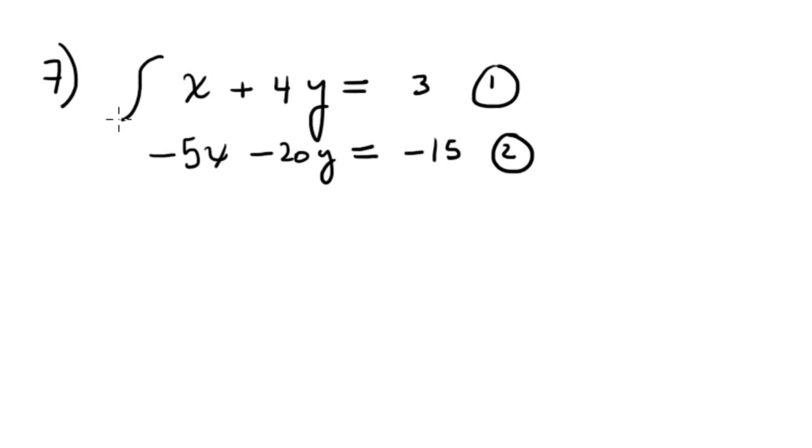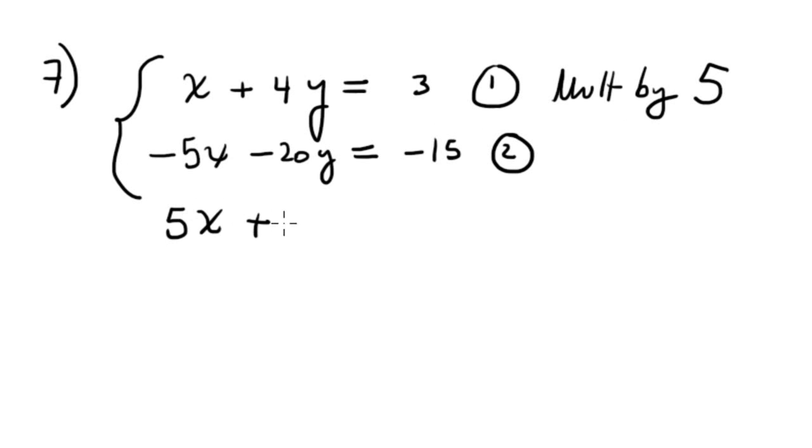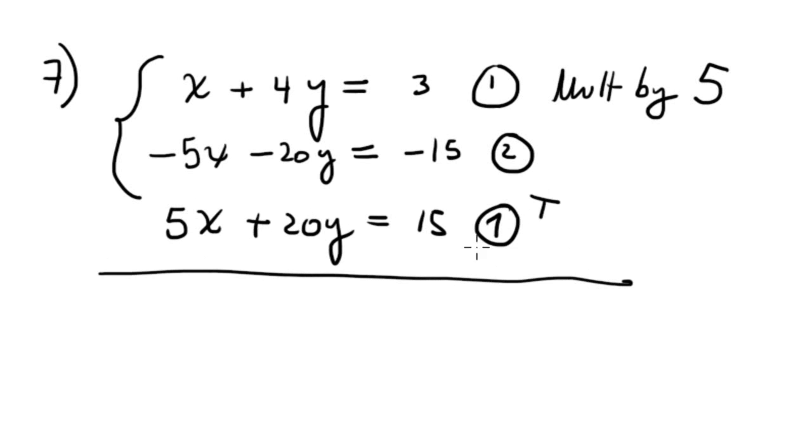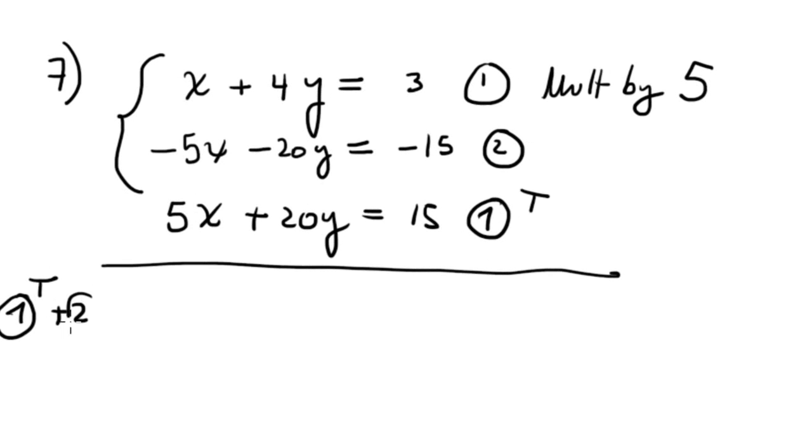Now, if you multiply equation 1 by 5, we have 5x plus 20y equal 15, equation 1 transformed. Now ready for elimination. Okay, equation 1 transformed plus equation 2.